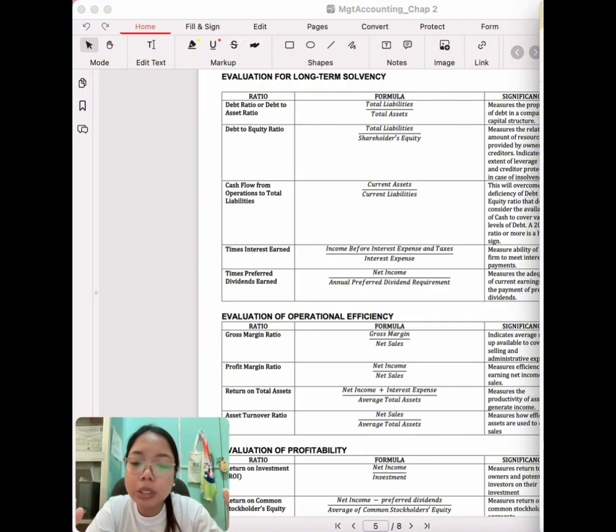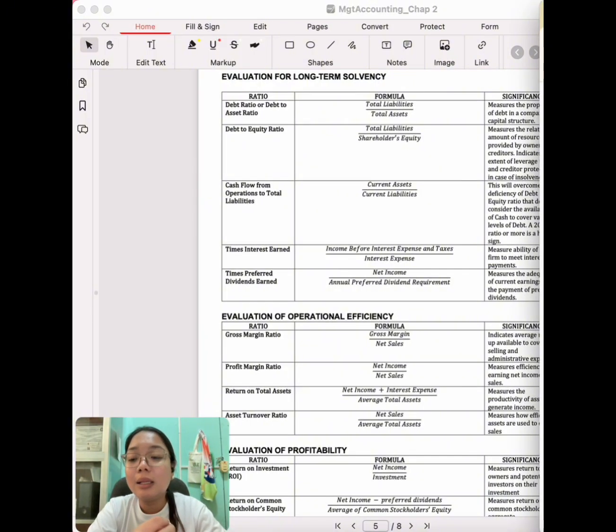How much are we relying on creditors compared doon sa owners or mga investors? So, a company using more debt has greater leverage, yung mga gumagamit ng debt or utang. And leverage can help increase returns, but it also increases the financial risk. May risk pa din doon.